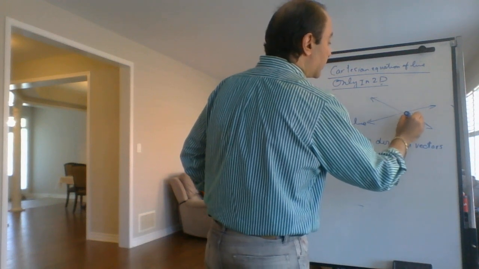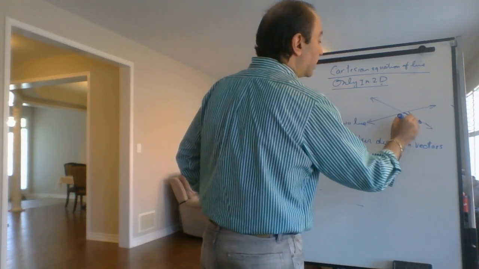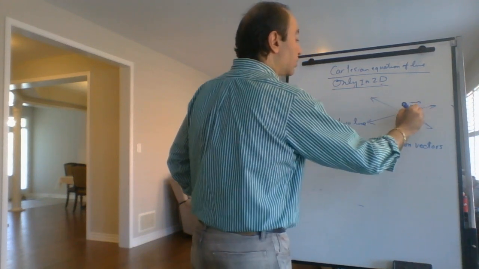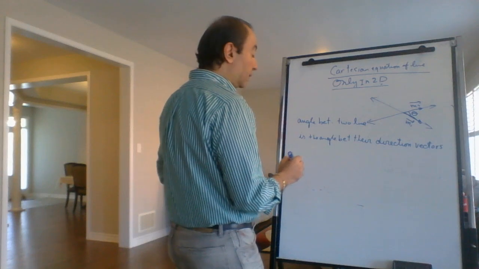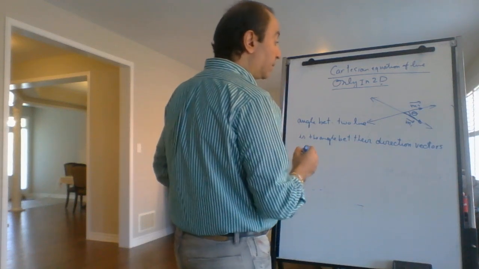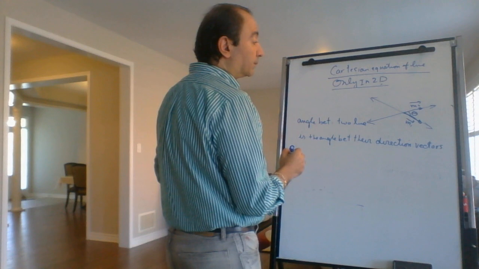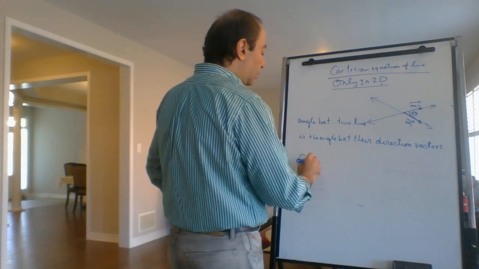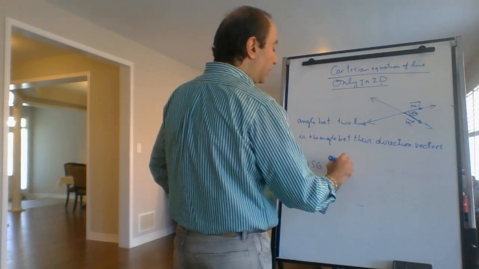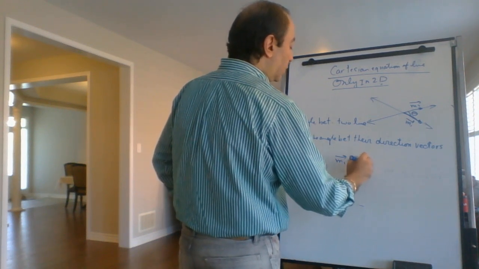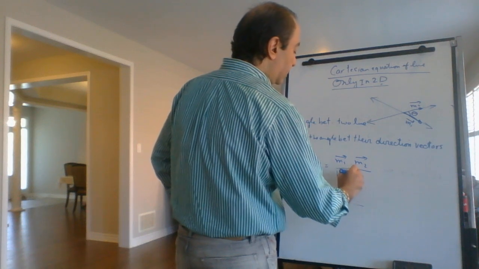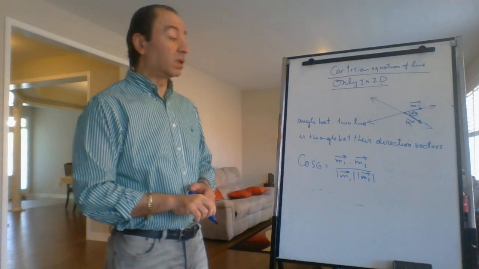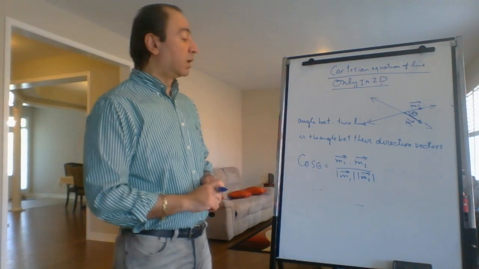So if this has direction m1 and this has direction m2, the angle between these two lines is the angle between these two direction vectors. So we know how to do that. Cosine theta will equal m1 dot m2 over the magnitude of m1 times the magnitude of m2. This is how we find the angle between lines.